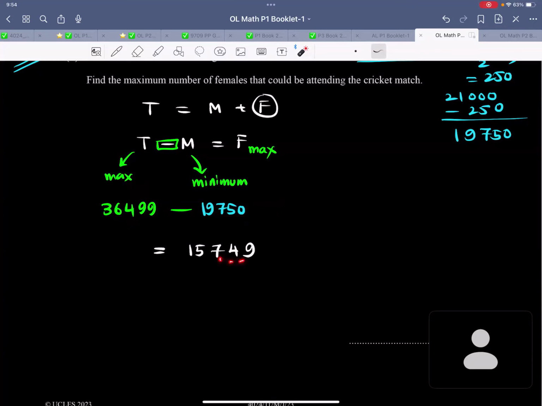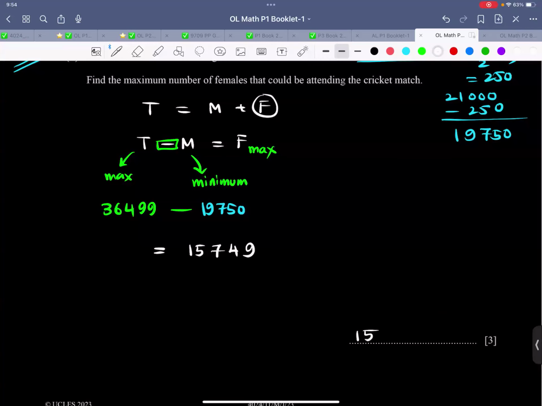So therefore, this is 749 over here. That addition of 250 is coming over here. So therefore, 15,749, and naturally you can do the subtraction. So this is the most trickiest part. 15,749, that is the answer for this particular part.